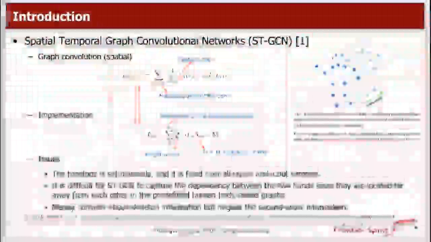So this matrix represents the connection relationship between every joint. W represents the learned parameter. K is the kernel size of the spatial dimension. However, we can see from this topology that there are some limitations and issues in the STGCN methods.